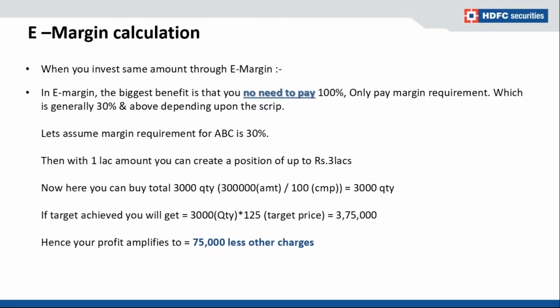Somehow the market went flat, or you can say consolidated. So there are two options for intraday: either you square off by yourself, otherwise the system will square off at 3 o'clock. With the help of e-margin, you can also carry forward the position up to T plus 275 days, and you can only do this with margin trading facilities.